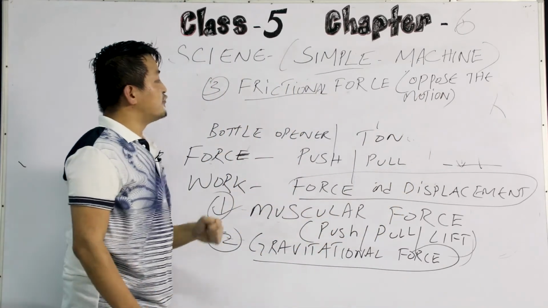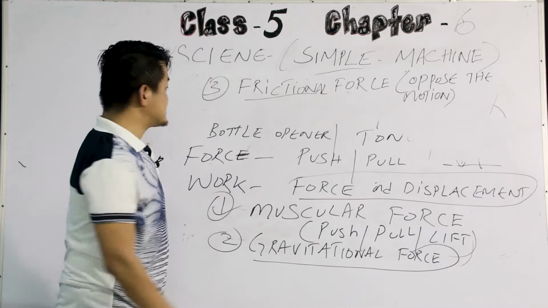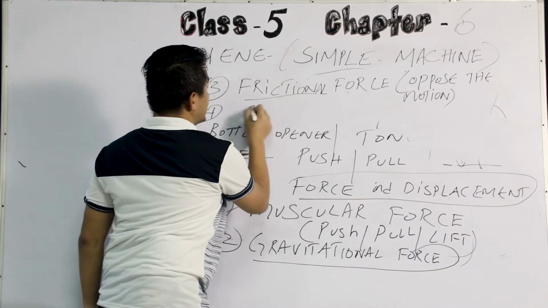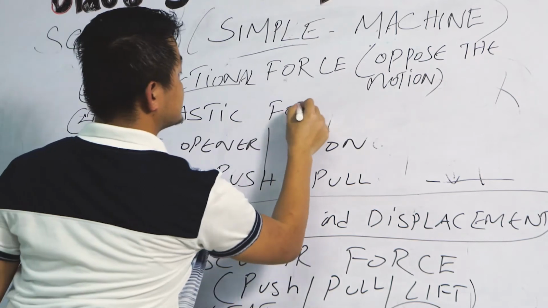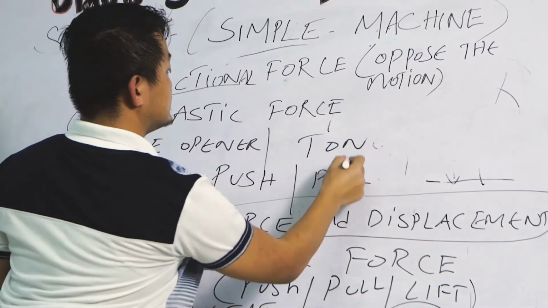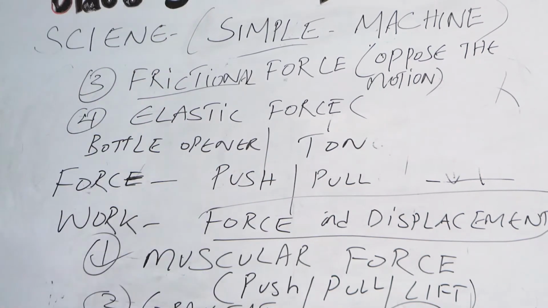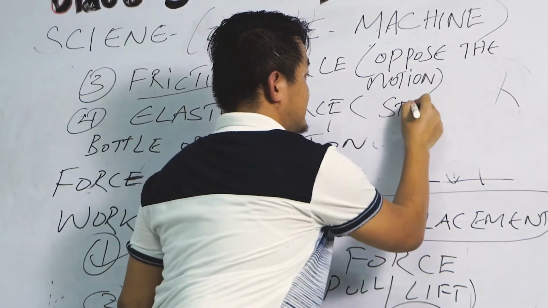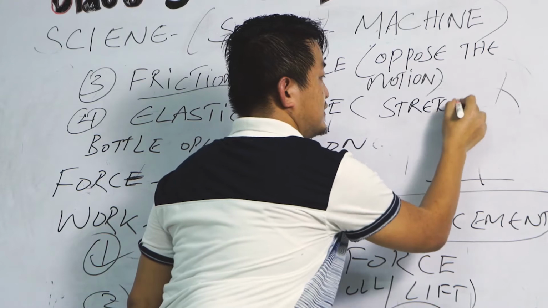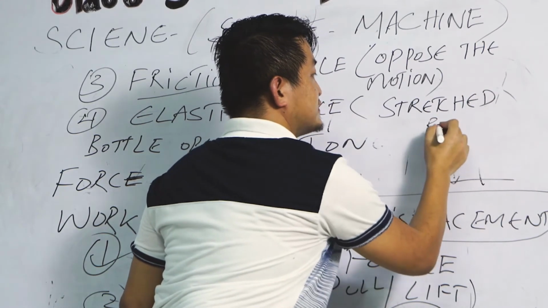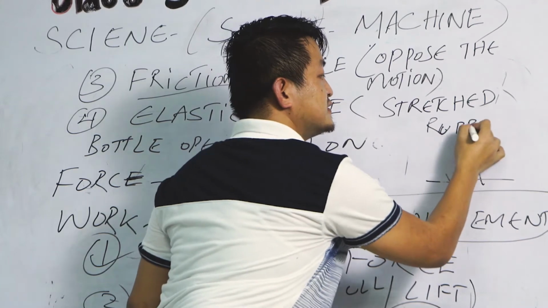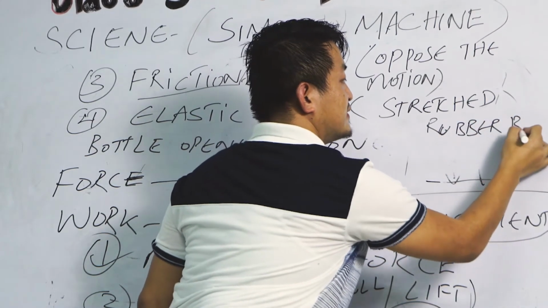Now the fourth type of force that we will discuss would be elastic force. One good example is a stretched rubber band. The force that you get from a stretched rubber band.